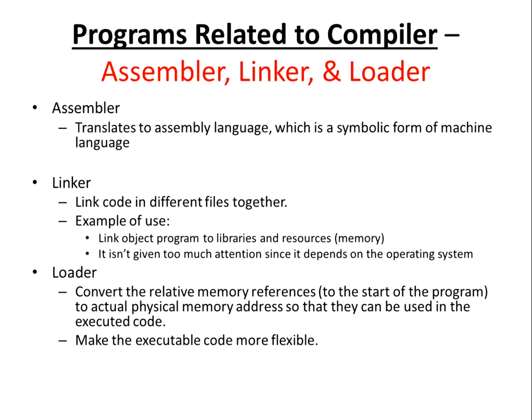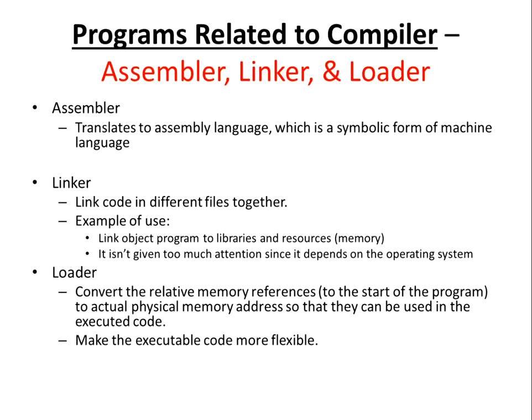A loader converts the relative memory references, relative to the start of the program, to actual physical memory addresses so that they can be used in the executed code. This makes the executable code more flexible. We know that when you write your program, it's going to be converted into machine code, and in machine code you have to have a fixed memory location.